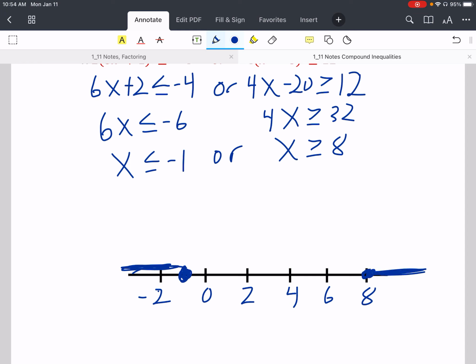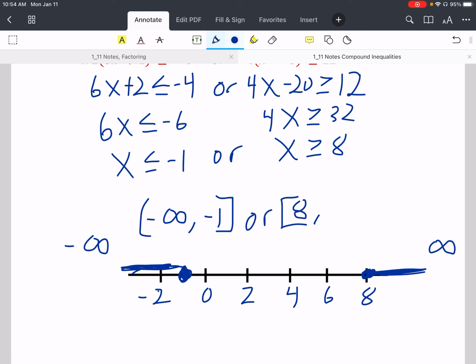And then for my notation, so remember we have negative infinity here. We have positive infinity way down here. We would have negative infinity to negative 1 bracket, filled in circle means bracket, or bracket 8 to infinity, parentheses.